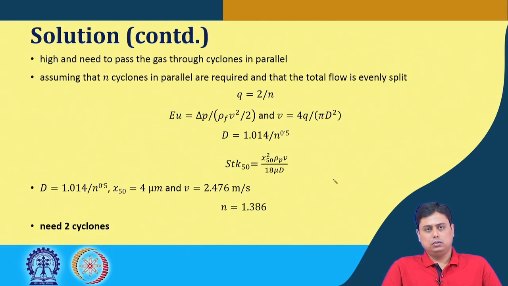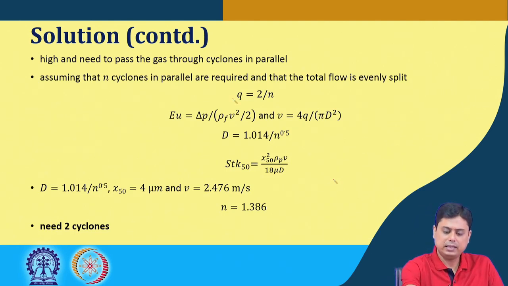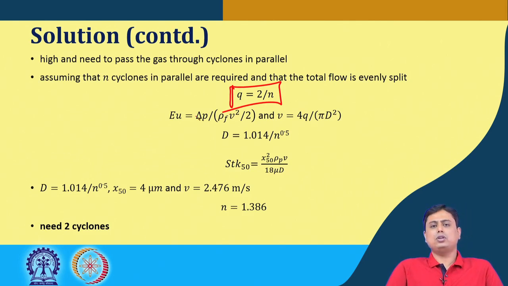So, this n number of cyclones connected in parallel would be required, and in that case the total flow is evenly split between all these separators, and naturally the revised flow rate to each of those multiple separators is small q, which is 2 by n.